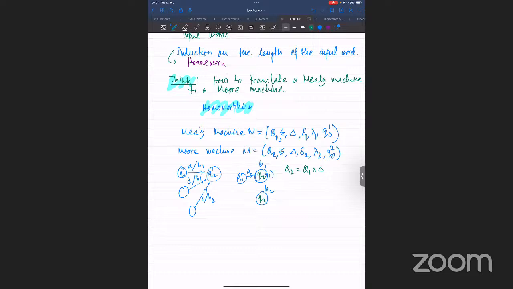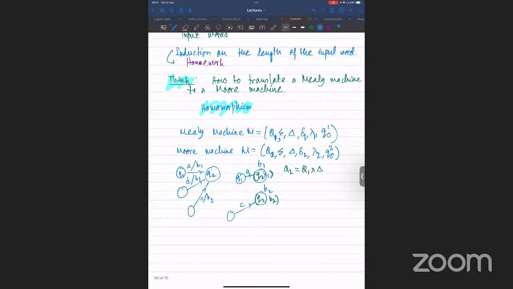Here, you go to a state which is Q2, comma, B2, and so on, right? So you have this state here, right? And then on C, you go to this Q2, comma, B2. Clear? Okay.